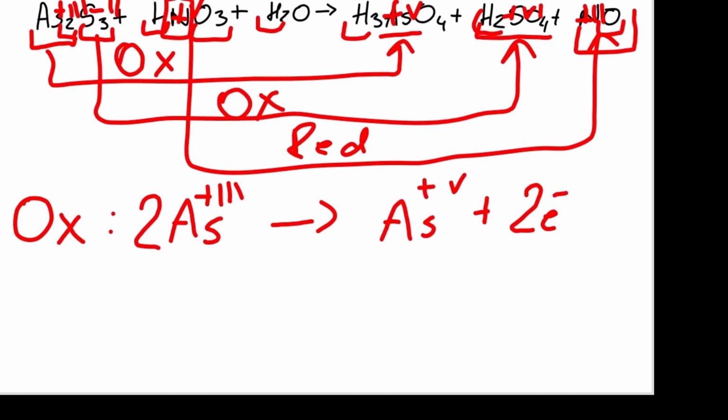So balancing the matter, we also need to put 2 in front of the arsenic atom with oxidation state equal to +5. So not 2 electrons will be released, but 4 electrons.